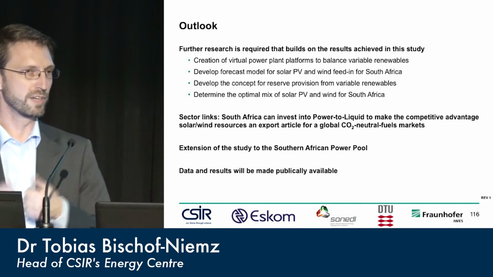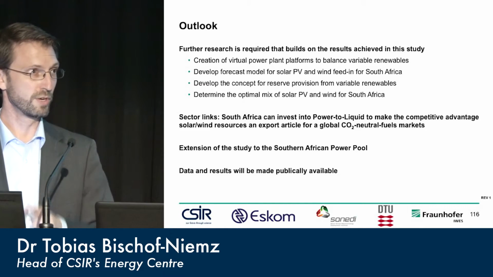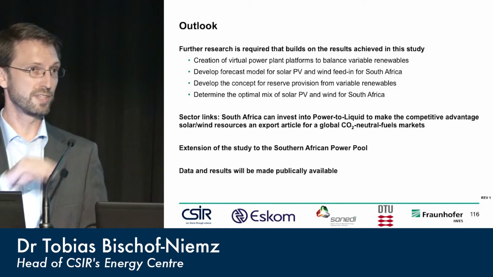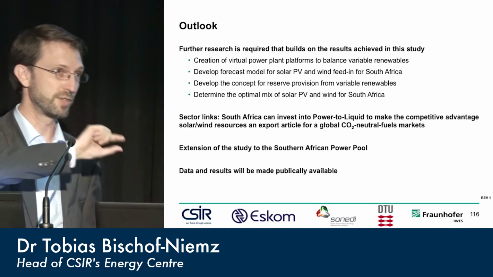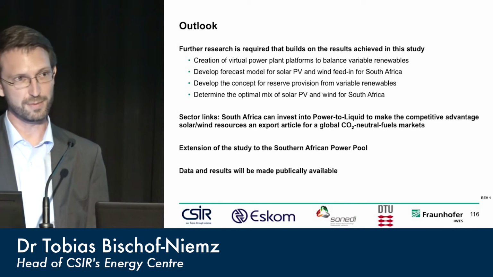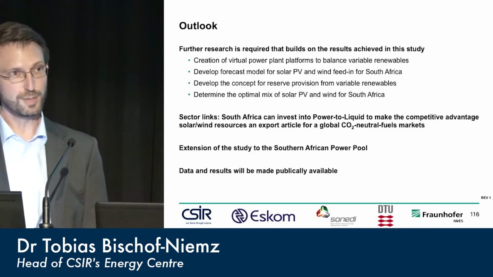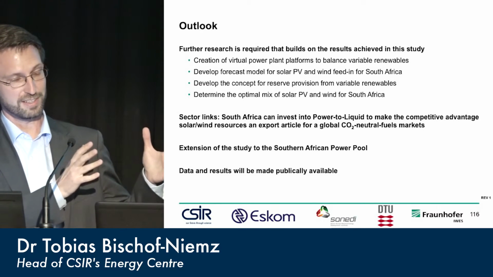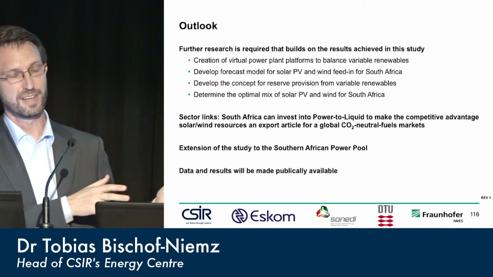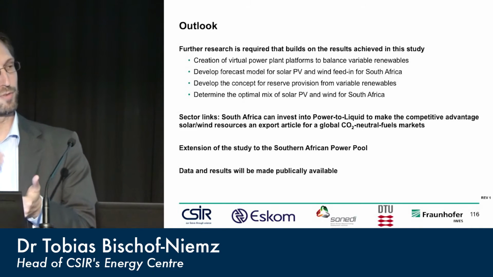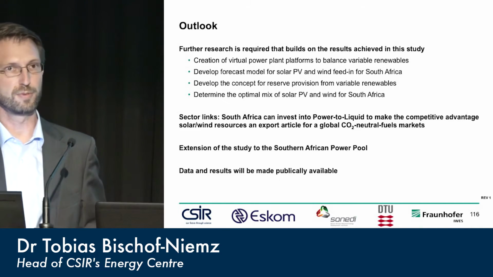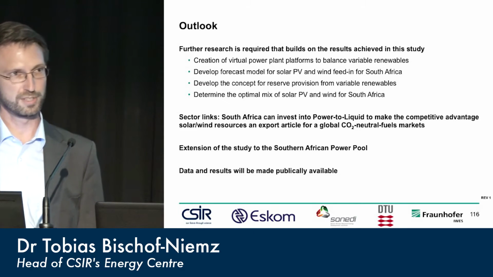That's the provision of a so-called negative reserve. You could even go as far as to say, I'm running my PV fleet in a curtailed mode of 2% all the time, of course wasting a lot of energy, but if the PV energy is cheap, then maybe the cost of doing that curtailment is lower than the value of having instantaneously 2% of the PV output available for positive reserves.